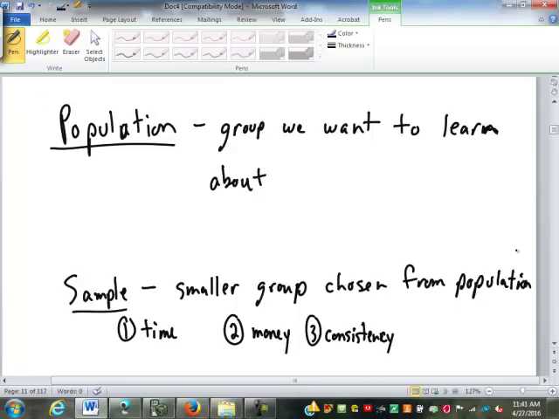A third way is consistency. To be valid, data must be gathered under the same circumstances. Well, what do I mean by that? Let's say that you survey one person today and they say they're going to vote for candidate A. Then tomorrow candidate A goes on national news and says something really stupid or really offensive. And now that person has changed their mind.